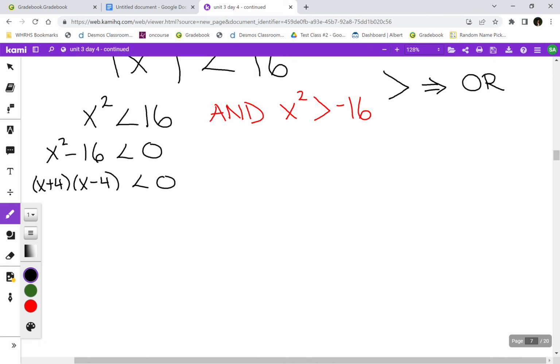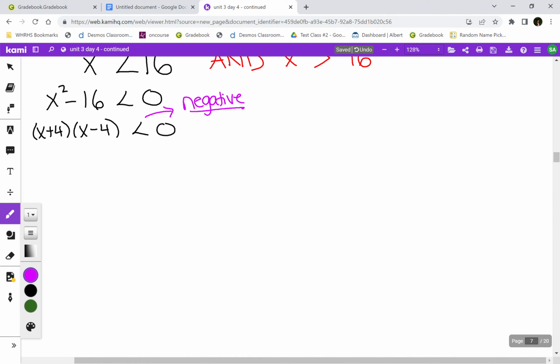I'm just going to work on this left side first, and then I'll go to the right. So this time, finally, what do we want our outcome to be? Not positive, negative. We need our product to be negative. What are my two reference numbers? Negative 4 and 4.